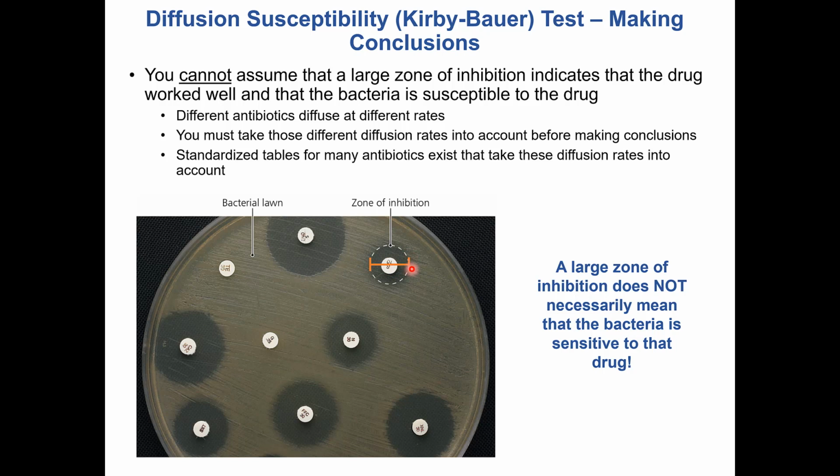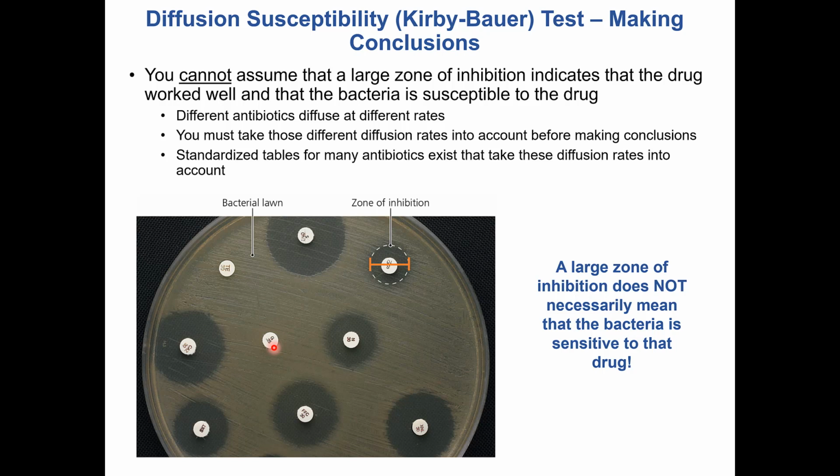That's what you want to measure. So we're trying to figure out which antibiotics worked the best. In this picture, all the discs are of different antibiotics, and you can see that some of the zones are large, some of the zones are smaller, and some antibiotics didn't produce a zone at all.